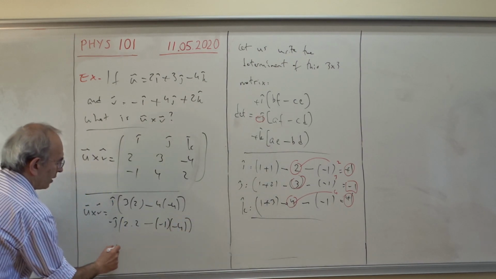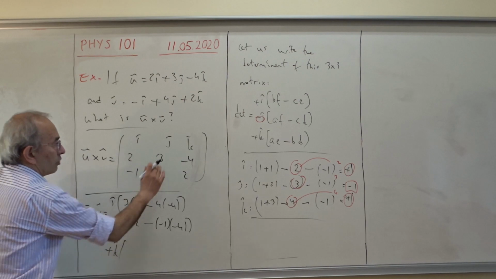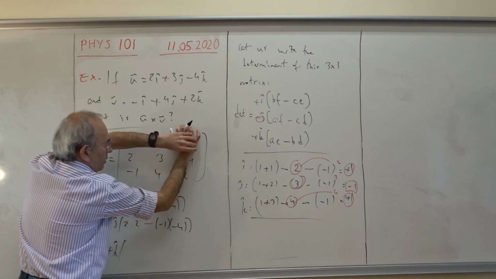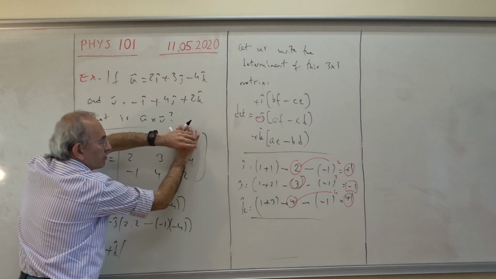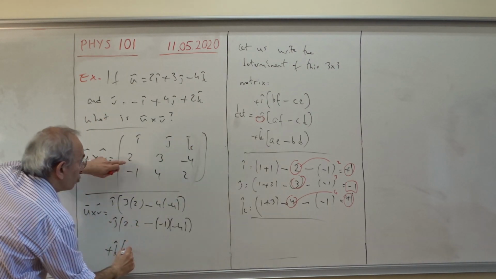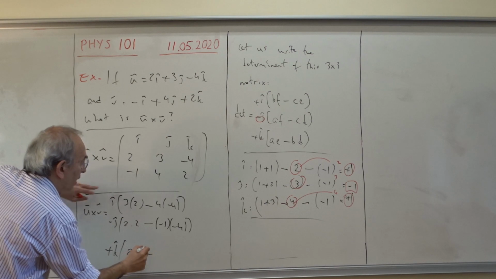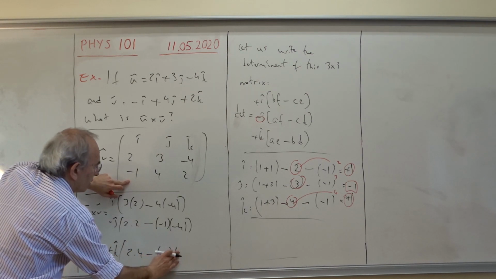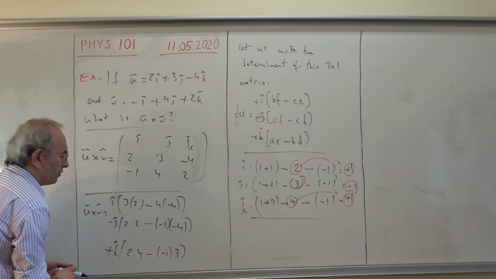And finally k. This time you close the column and row of k, so you have 2 times 4 minus 3 times minus 1. So we will see what we get at the end.